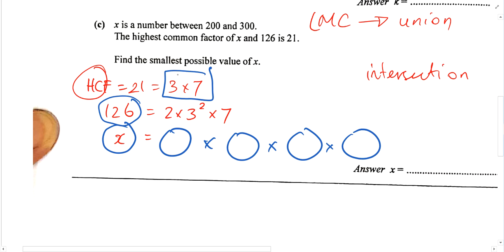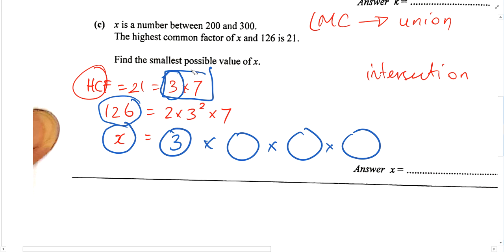But since I'm telling you that 3 is the element in the intersection between the prime factors of 126 and x, it must mean that it exists both in 126 as well as x. So the first prime factor that I must be able to write now for x will be 3. Okay? So that's for highest common factor for intersection.